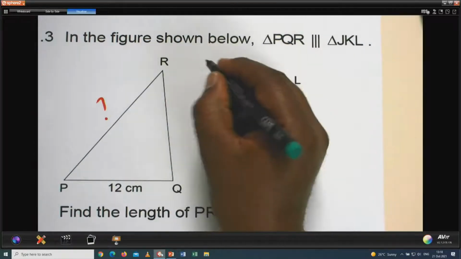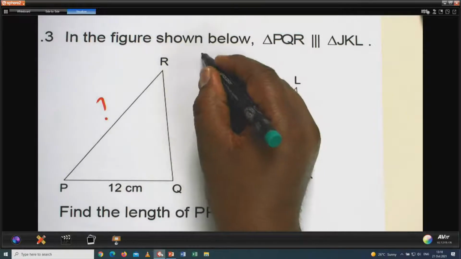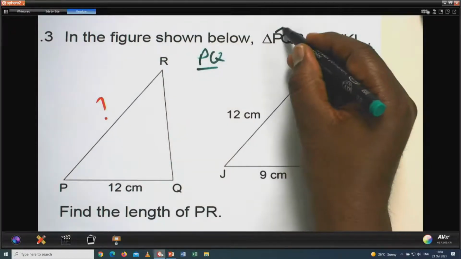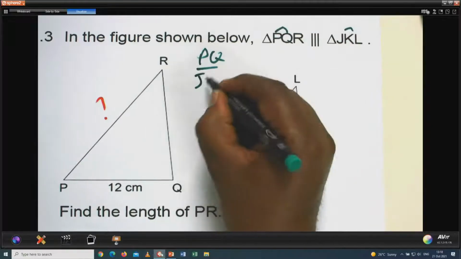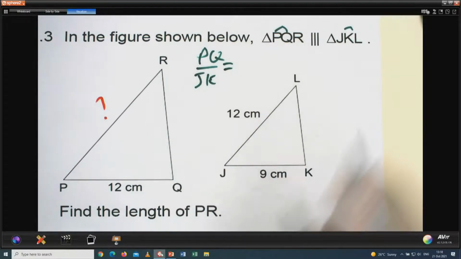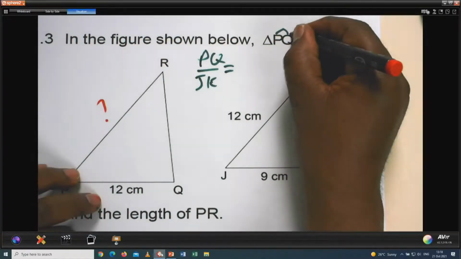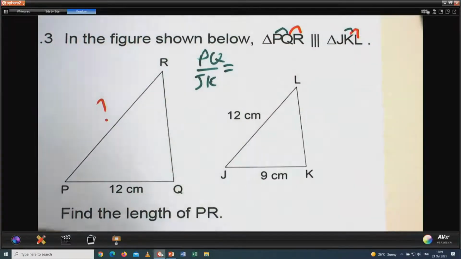Then you will be able to say, okay, the first two letters, PQ over the first two letters, JK, is equal to the second and the last, QR over KL. You just follow those letters as they are there.